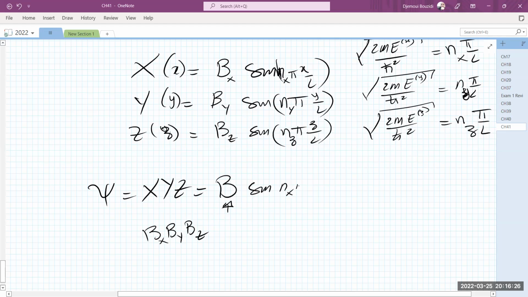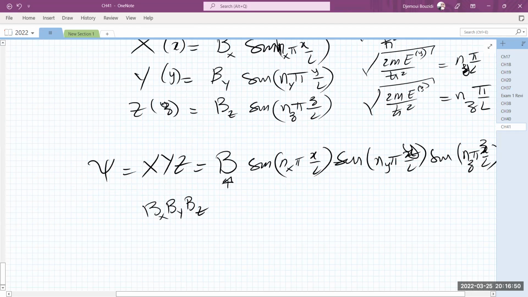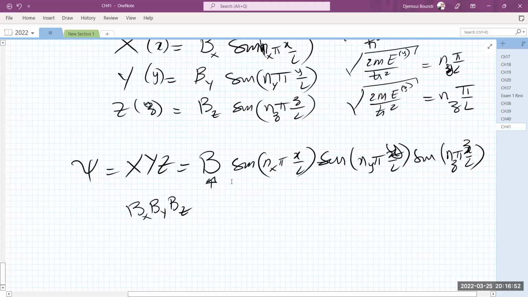Sine of nx pi x over L times sine of ny pi y over L times sine of nz pi z over L. Okay, so we have all of our wave functions, and the constant b is determined by the normalization condition.